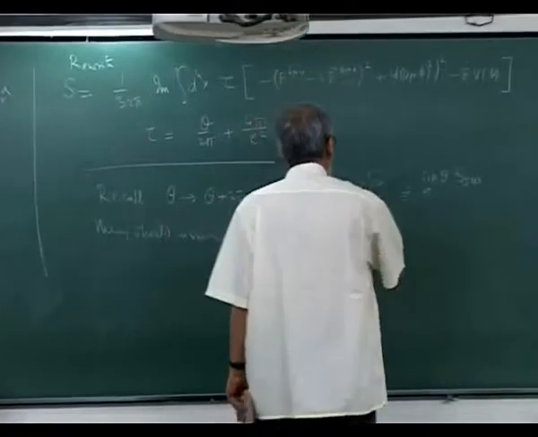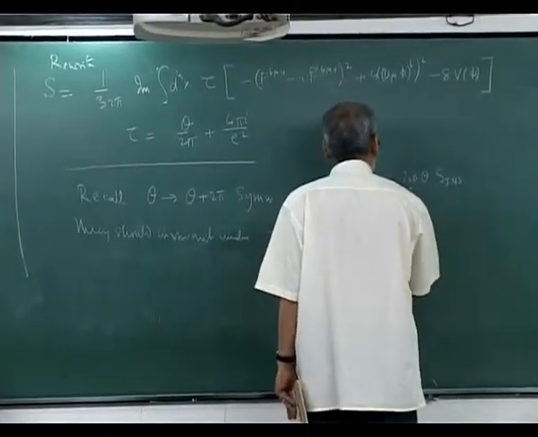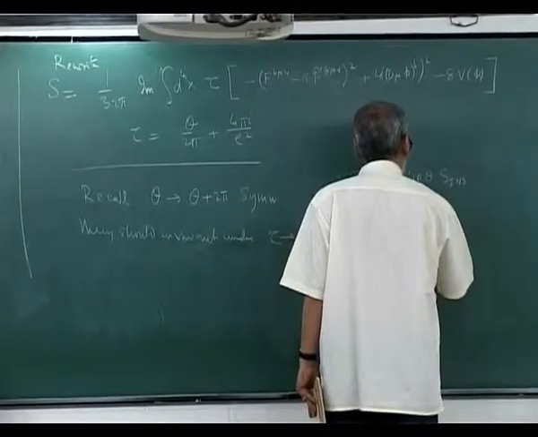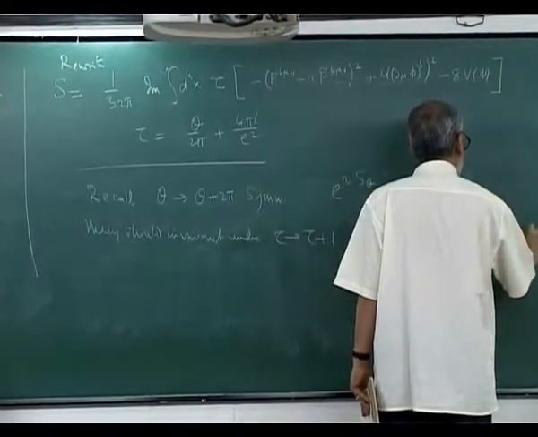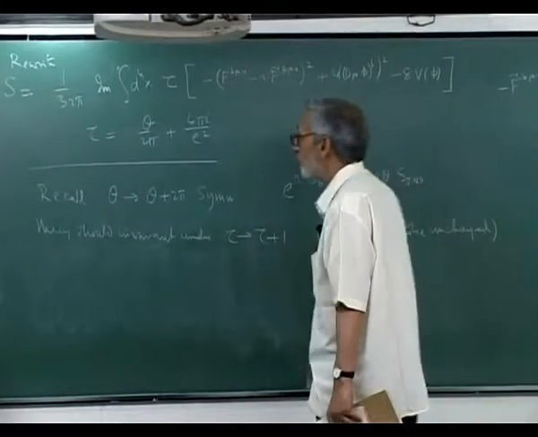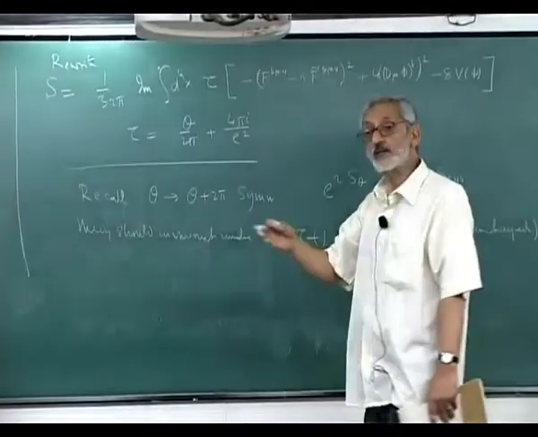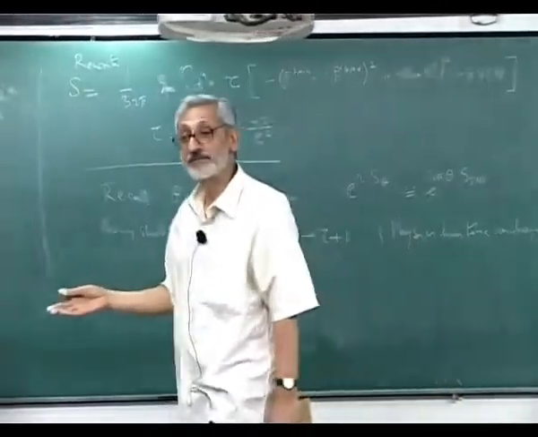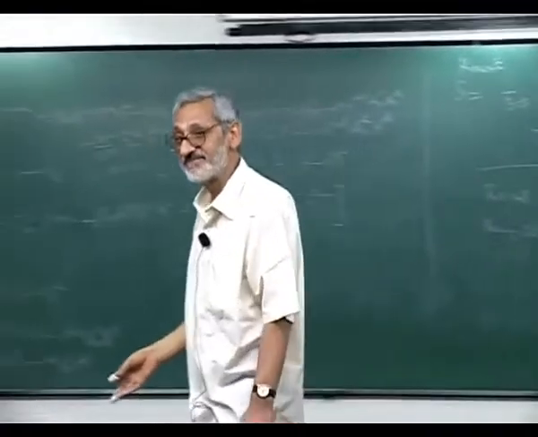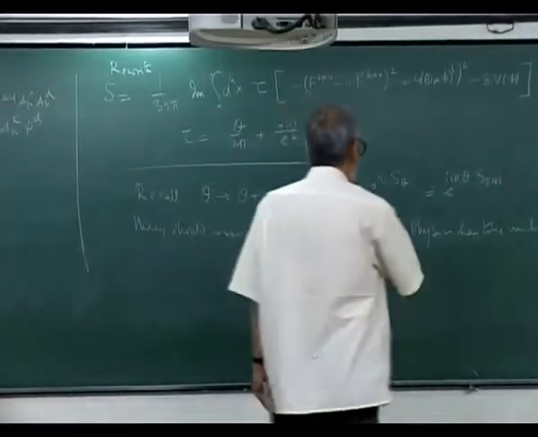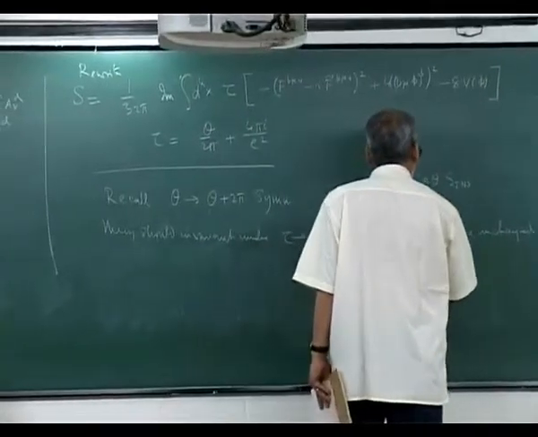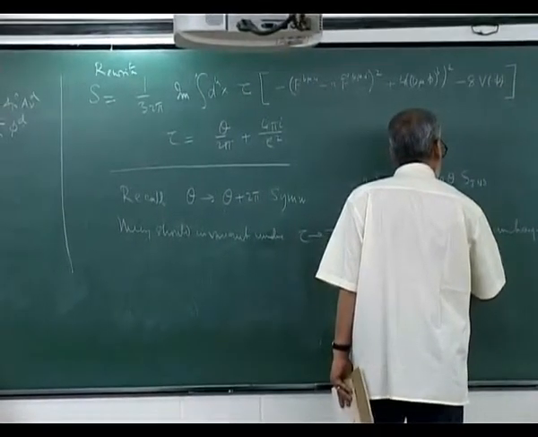So physics has to be unchanged. Because the action will shift only by 2 pi times an integer. Under this, the action will shift from action plus 2 pi times an integer.